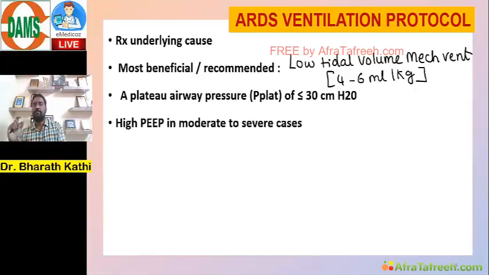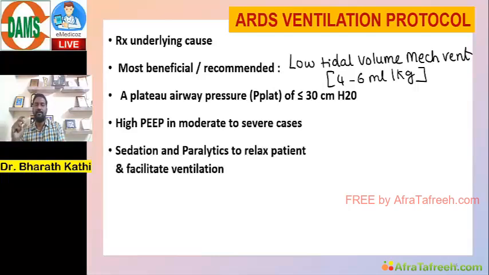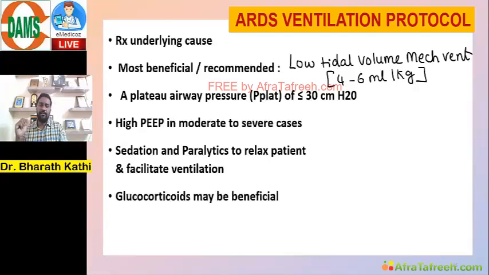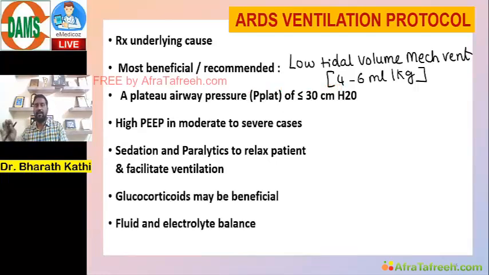Then high PEEP, positive end expiratory pressure, to open the alveoli and facilitate oxygenation. Then give some sedation and neuromuscular blockade to completely knock down the patient and facilitate ventilation. Glucocorticoids may be beneficial, and like any other critically ill patient, take care of fluid and electrolyte balance.